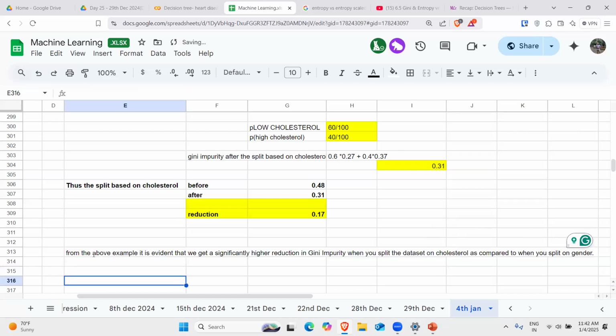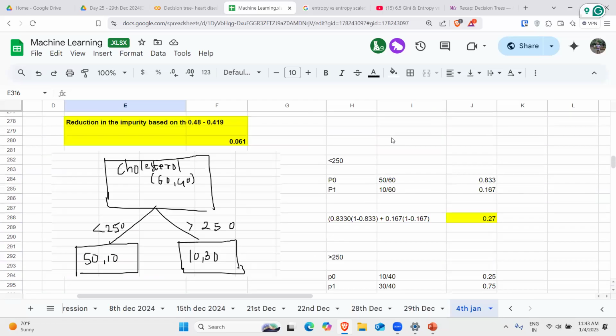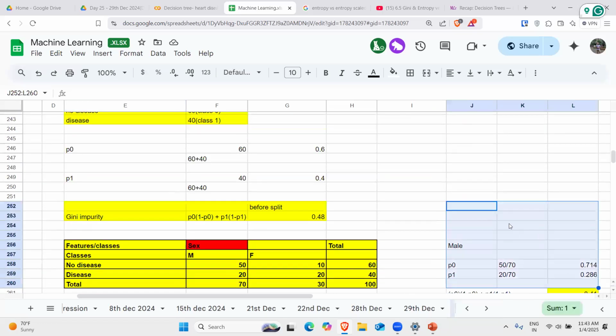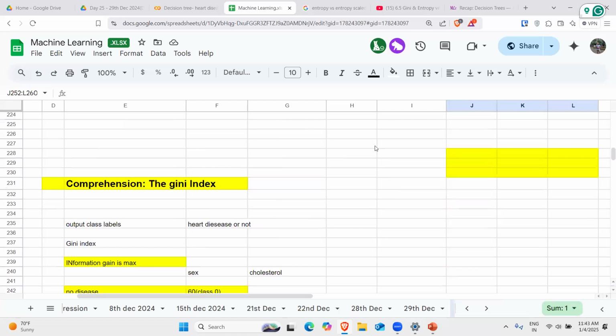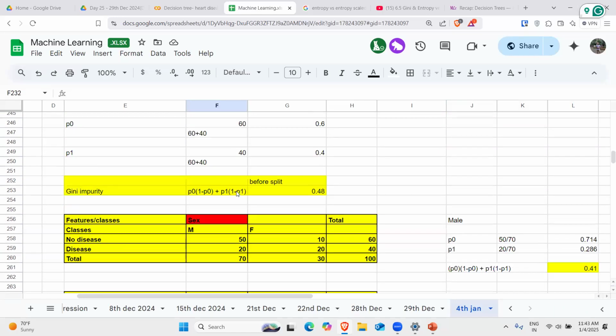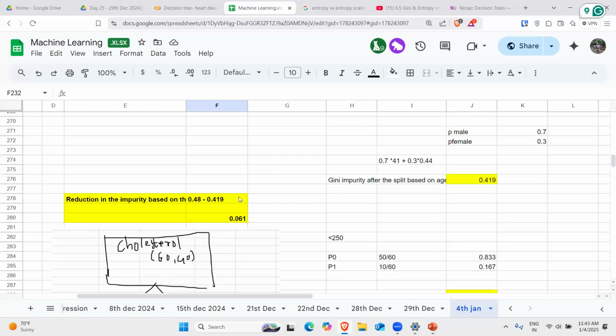right? Let us summarize all the steps that you have performed. Anyway, you can do this thing. This process of calculating, I think it's clear for you. Let us not waste our time in summarizing the steps that we have performed till now.